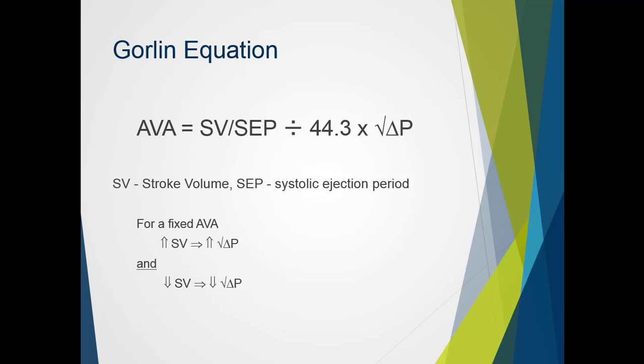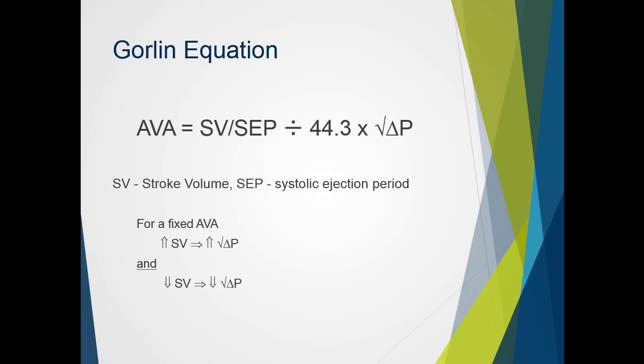When we work with catheters, we also can use the Bernoulli equation, which has the formula that aortic valve area is equal to the stroke volume divided by the systolic ejection period, divided again by a constant of 44.3 times the square root of the change in pressure.